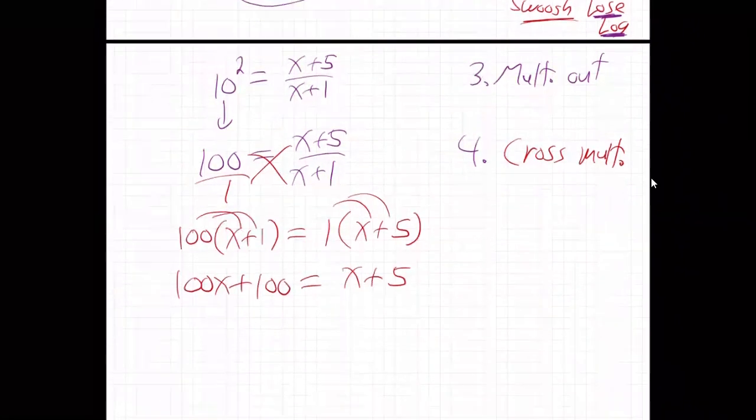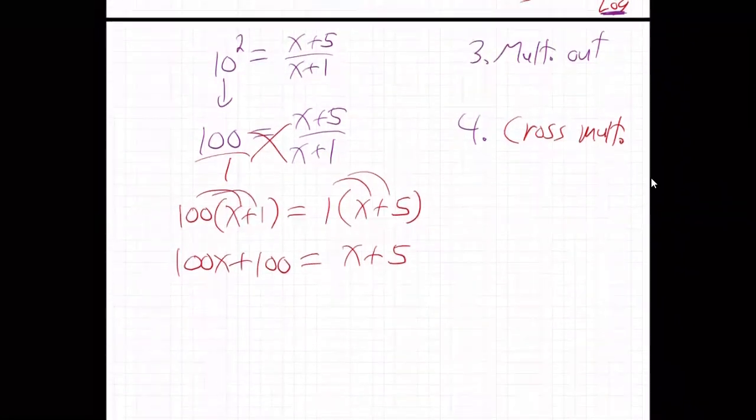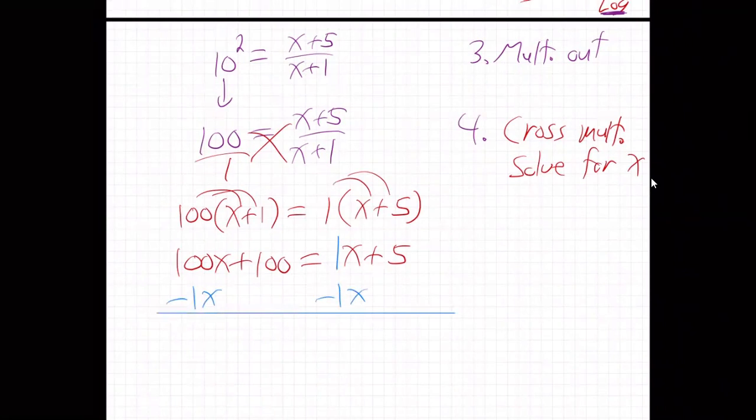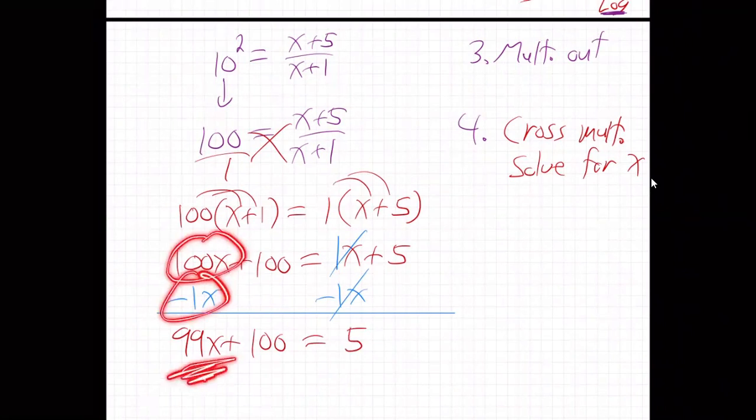Okay, and now how do we solve for x? Cross multiply and then just solve for x. So what do you do when you have x? This is a 1x. The other side has 100x, so let's subtract 1x from both sides. Boom, boom. So we get 99x plus 100 is 5. Is that good? 100x minus 1x is 99x.